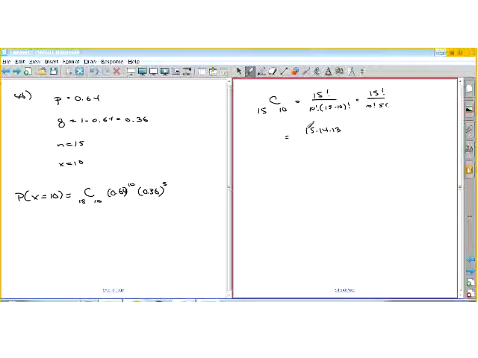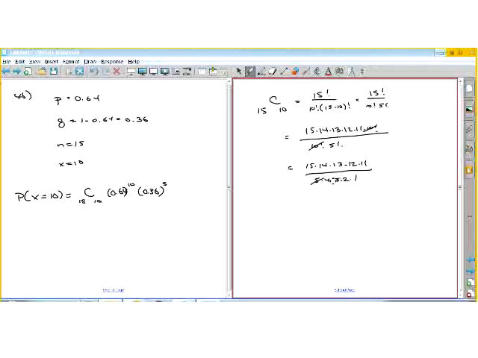We rewrite 15 factorial as 15 times 14 times 13 times 12 times 11 times 10 factorial. Divide by 10 factorial and 5 factorial. Cancel out the 10 factorial. So we have 15 times 14 times 13 times 12 times 11 divided by 5 factorial, which is 5 times 4 times 3 times 2 times 1.